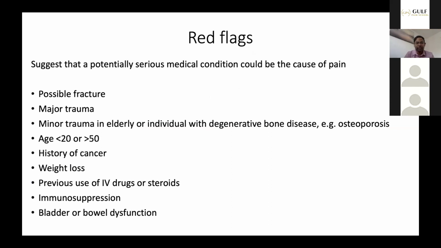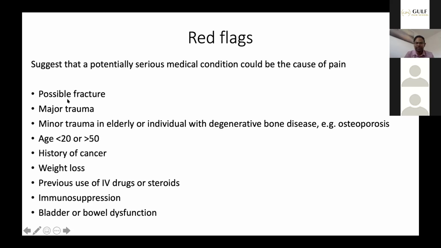Red flags are predictors which suggest that there's a serious underlying medical condition which could be the cause of pain. So patients come to the pain clinic with chronic back pain, but if in your history or examination you find any of these red flags, then you must think, does the patient really have chronic pain or is there an underlying serious medical condition?